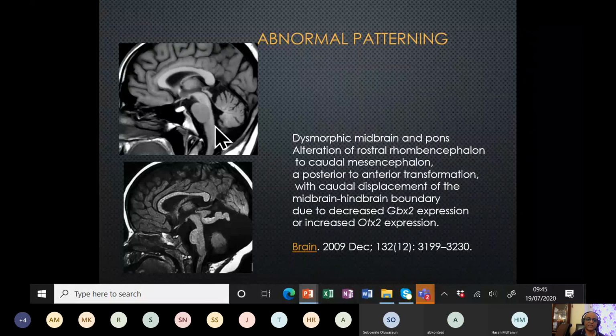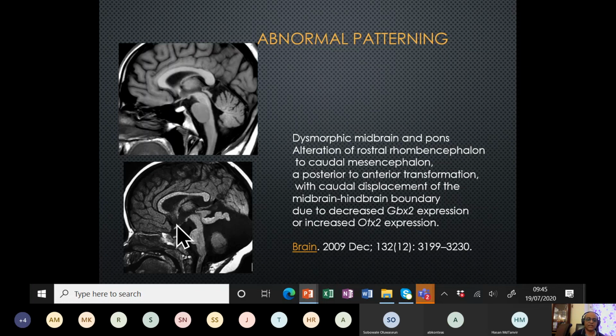And if there is any anomaly in that, you get these abnormal appearances. It's fairly easy to identify that the cerebellum itself is poorly formed in this patient, and you can see how the abnormal patterning of the midbrain has occurred. The midbrain is thin and elongated. The isthmus, which is this part over here, is normally located at the superior level of the cerebellar vermis.